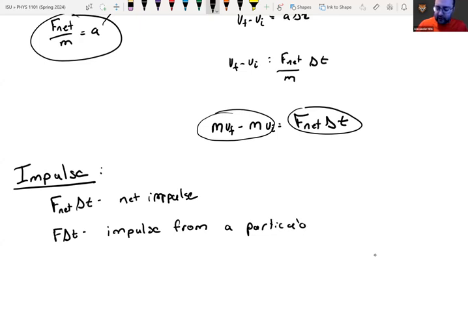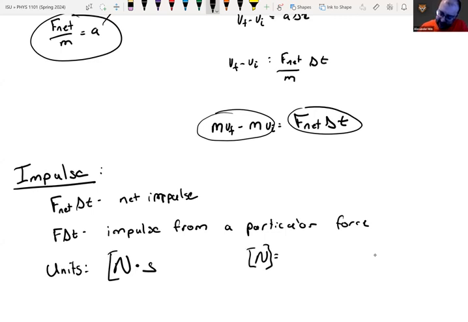Okay. The units of impulse are just Newton seconds. You can also break this down. As a reminder, a Newton, putting this in brackets so we know these are units, is a kilogram meter per second squared.